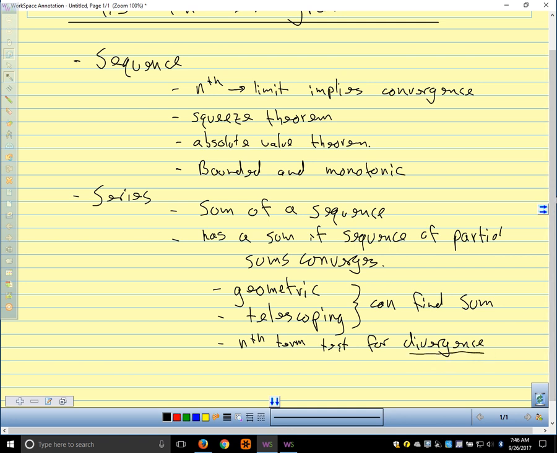So our nth term test doesn't tell us about convergence. It can tell us about divergence. If our nth term doesn't approach 0, then our series can't converge. And then just a big picture, remember we can delete a finite number of terms from an infinite series and it doesn't affect the convergence or divergence.